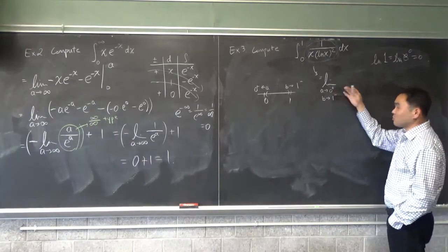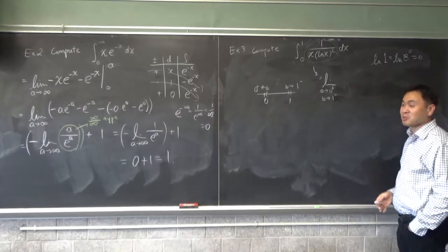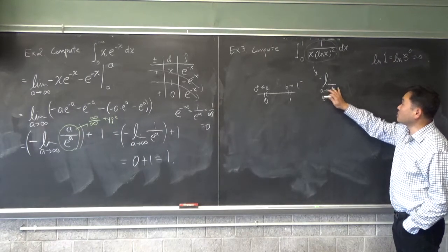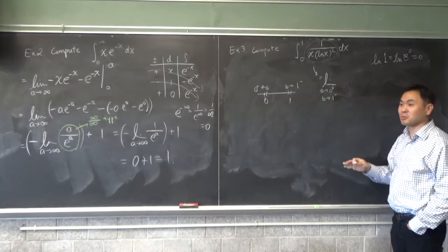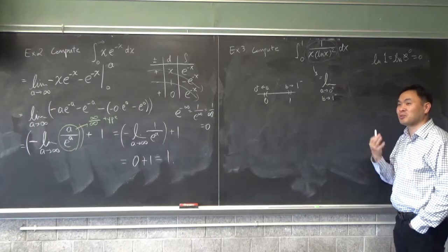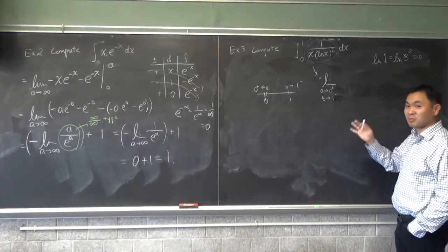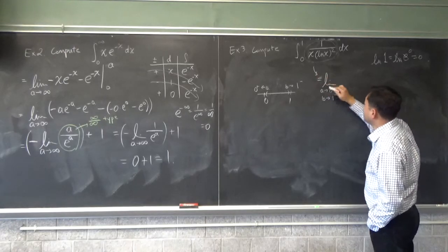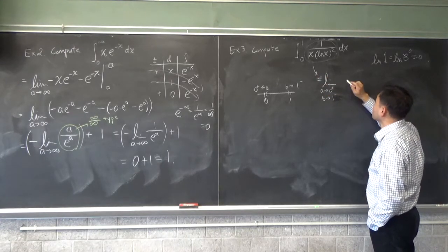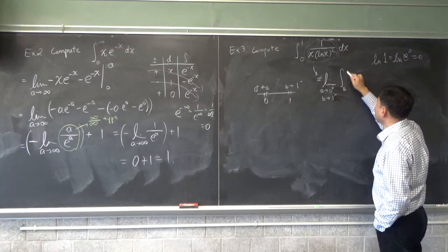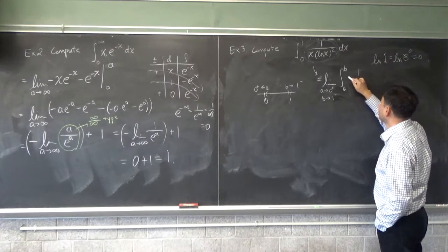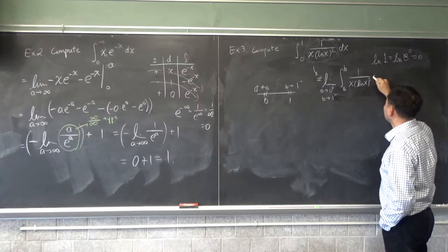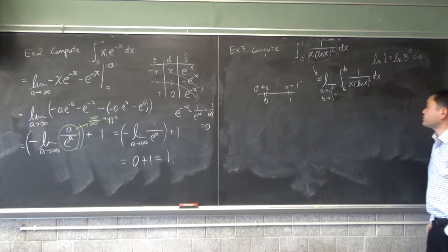So you have two variables, but because these are plugged in separately, it's really a sum of two different limits. So it's going to be the integral from a to b of 1 over x times ln of x squared dx.